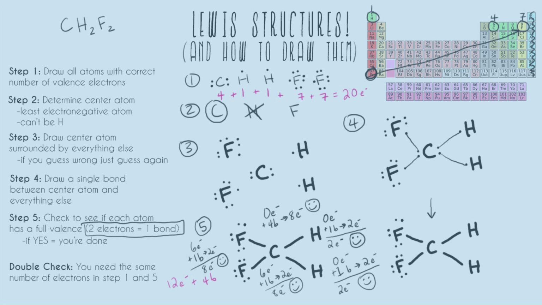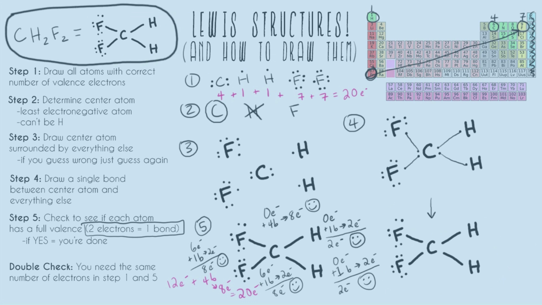And so 4 bonds, that's going to equal a total of 8 electrons. And so 12 plus 8 equals 20. And so this means our double check is correct. We didn't mess up and remove electrons or add them anywhere. We kept it consistent. And so that means that we're done. So the Lewis structure of CH2F2 is this.